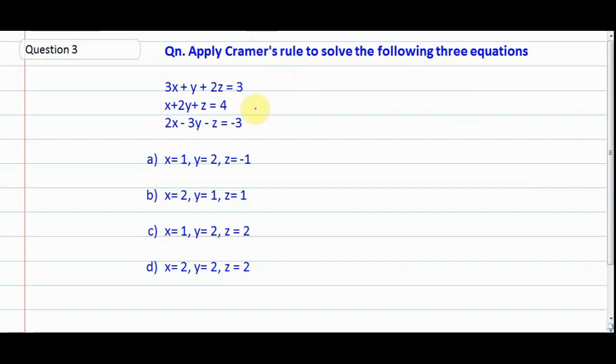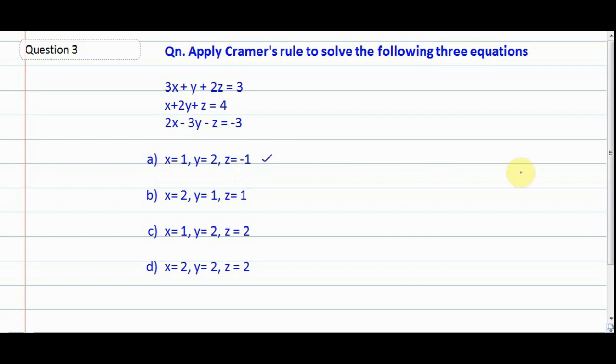You have to solve this using Cramer's rule and find the values of X, Y and Z. So please pause the video and try to solve this by yourself. Okay, now if you have the answer, here the right answer is option A, X equal to 1, Y equal to 2 and Z equal to minus 1. So you may check this by solving using Cramer's rule.